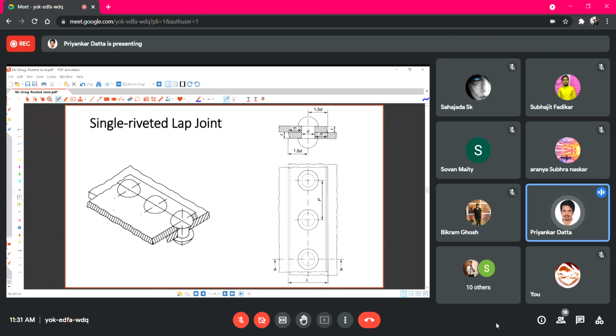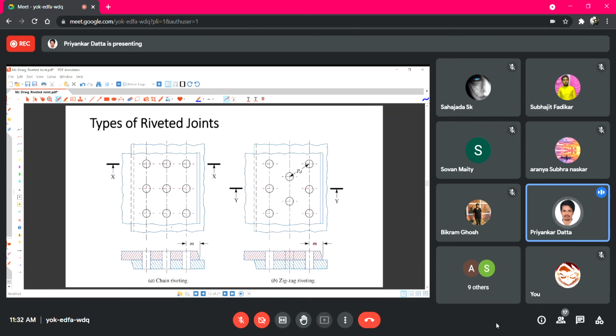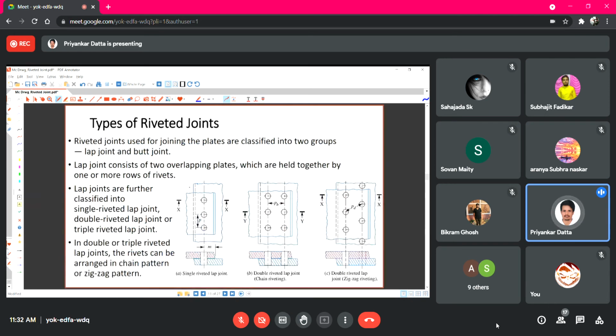This is plate one, and this is plate two. One plate is placed over the other, holes are drilled through them, and through that the rivets are passed to create the joint, right? This type of joint is called a lap joint, because one plate is lapping over the other main plate.